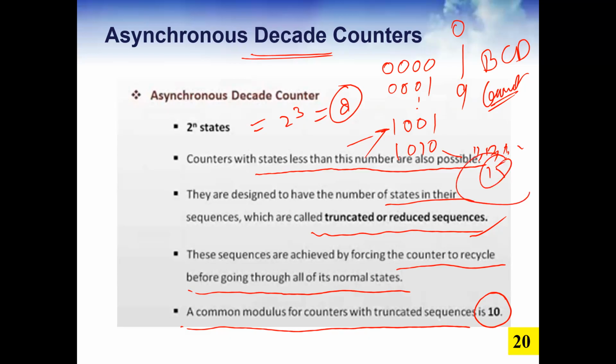We know this one. But to have a BCD counter, it must go from 0 to 9, and as it tries to reach the 1 0 1 0 count, which is the 10th count, we will force the counter to reset, meaning go to the 0 state. This is what we have to do in the case of a decade counter.